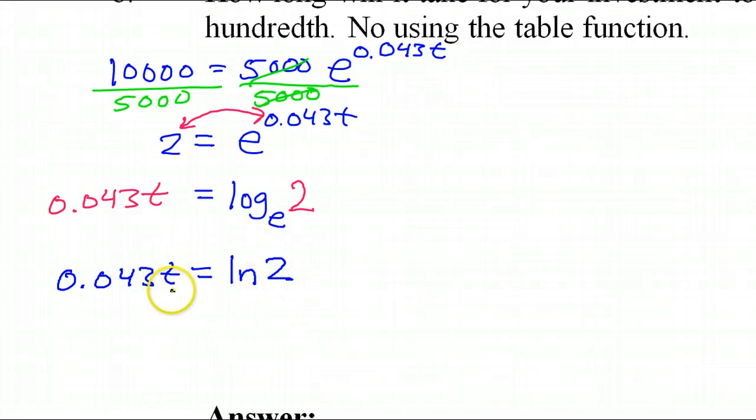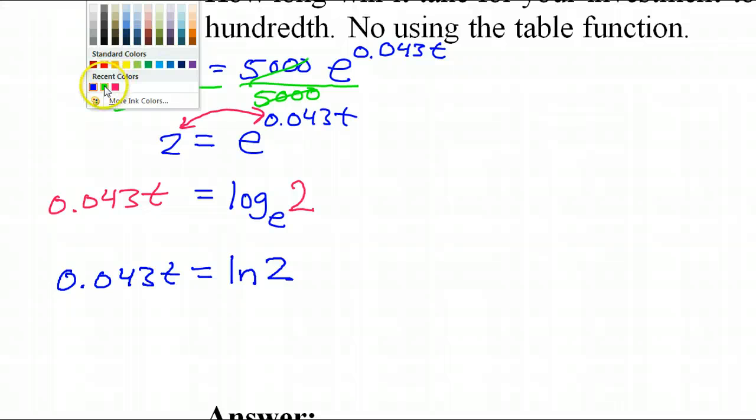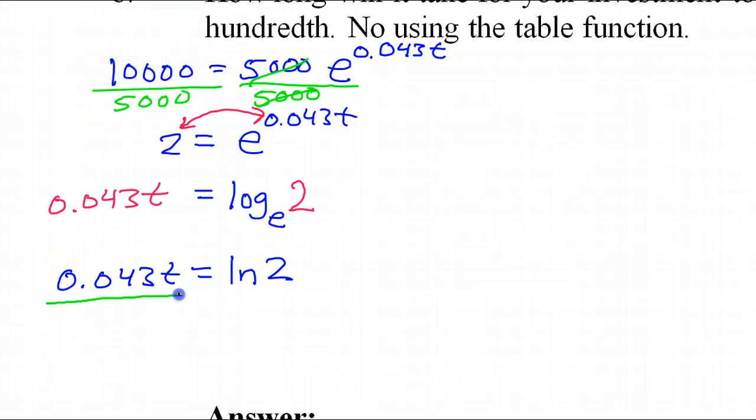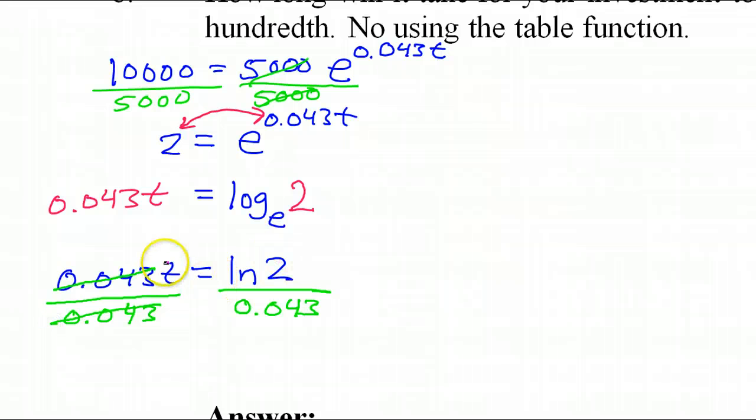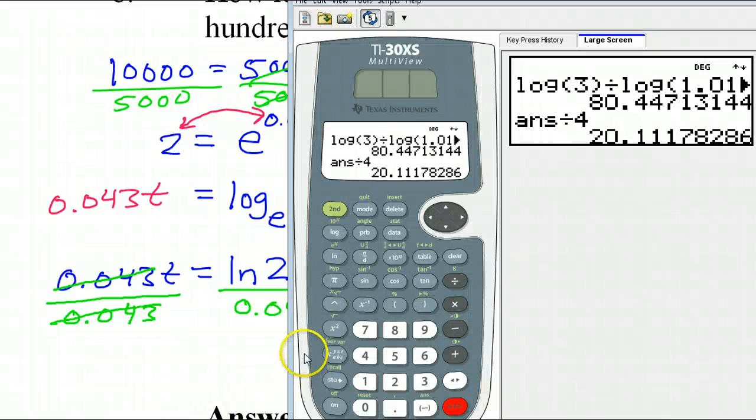We're trying to get t by itself, so time to divide. We will divide both sides by 0.043. Those will cancel out, and that's just going to leave our t. So this can just easily go into the calculator.